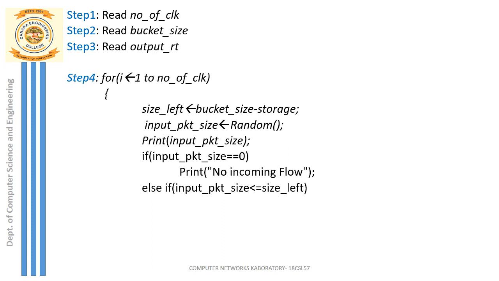Only then can we allow the entire burst into the bucket. So if input packet size is less than size left, I can include all the packets coming into the bucket. Once I allow the packets into the bucket, I update the storage, which is storage plus input packet size.